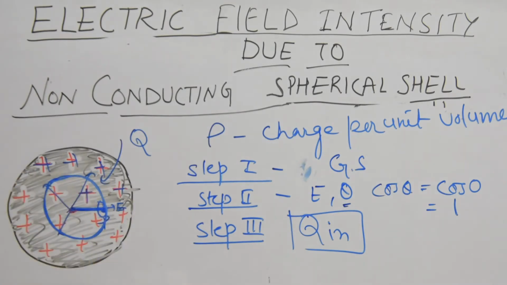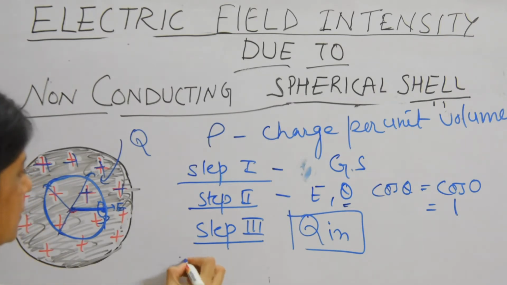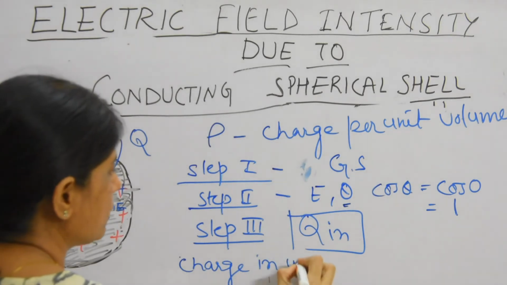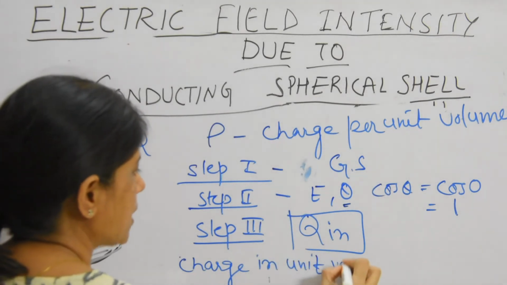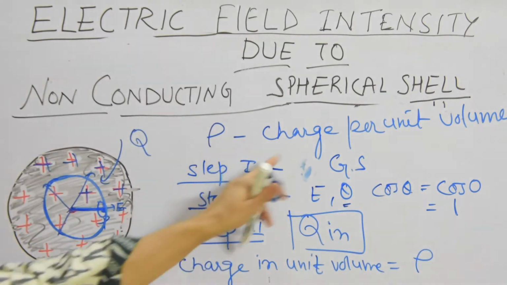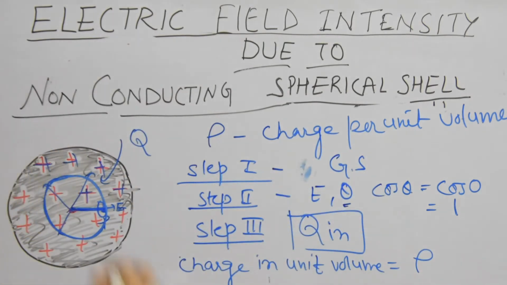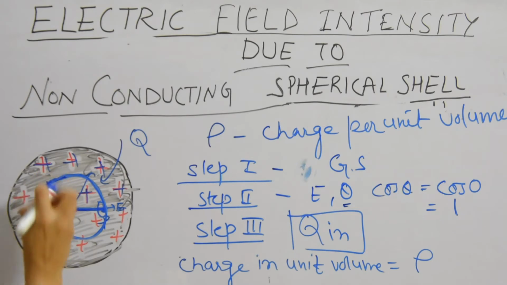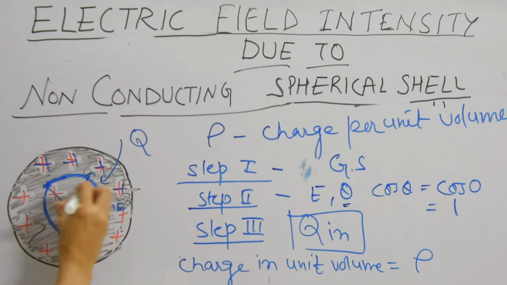We know that the charge per unit volume is rho. So what would be the value of the charge inside this Gaussian surface?